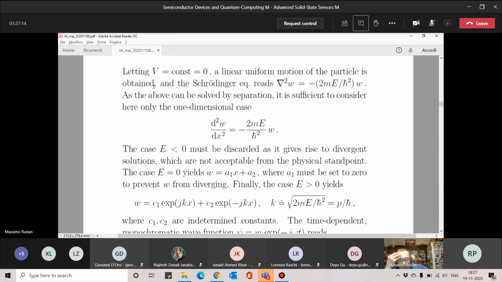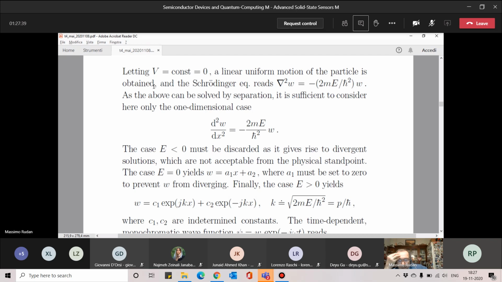E equal to 0 is immediately found because if you let E equal to 0, you find the second derivative of W equal to 0. That makes W equal to a linear function of x. So in that case, W is A1 x plus A2.